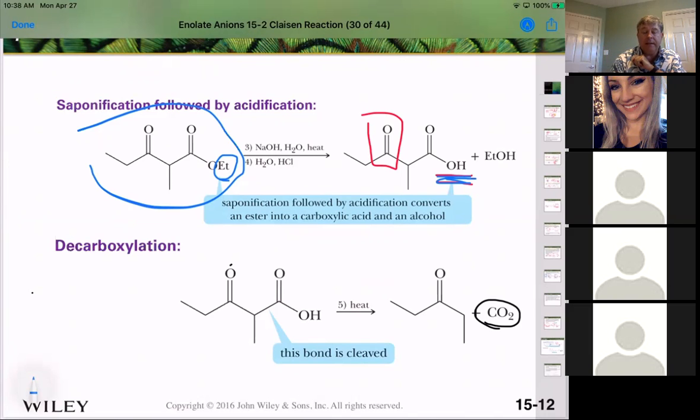But the key is it has to be a beta keto ester, because if we take this hydrogen away, it has to form this 6-membered intermediate to where it can transfer the proton to here. Let's see, these electrons kick in here, these electrons kick out here. We lose CO2, and we get an enol right here, and then that enol rearranges to the keto form.